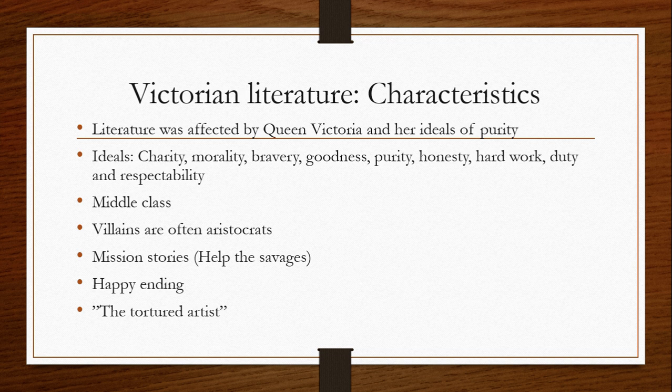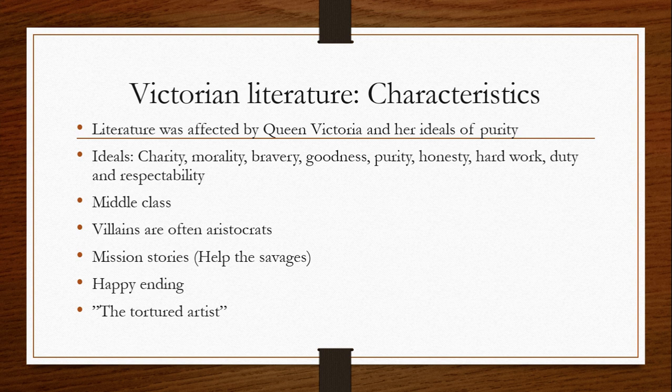But this was sort of an ideal that she wanted people to live up to, and this is also expressed in literature. You want to believe that people can be all these things, as opposed to realists who have lost hope in humanity altogether. So a lot of stories, Victorian stories, are either middle-class stories or mission stories.